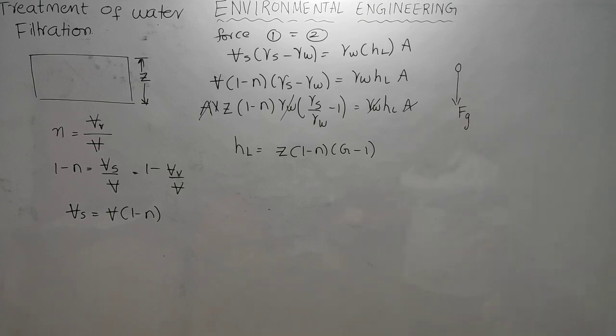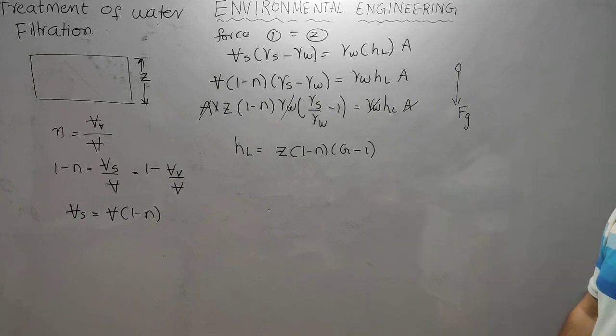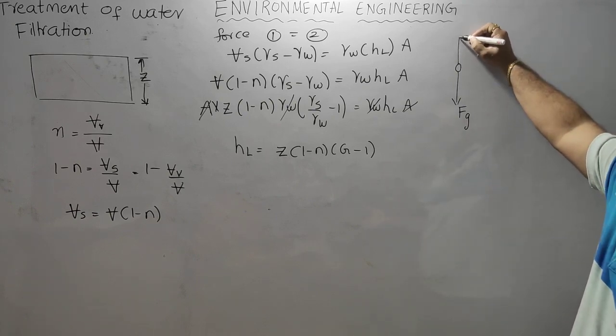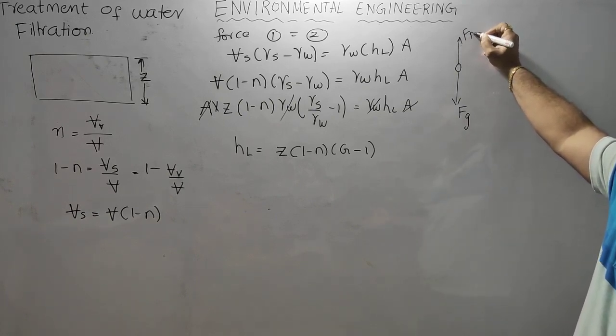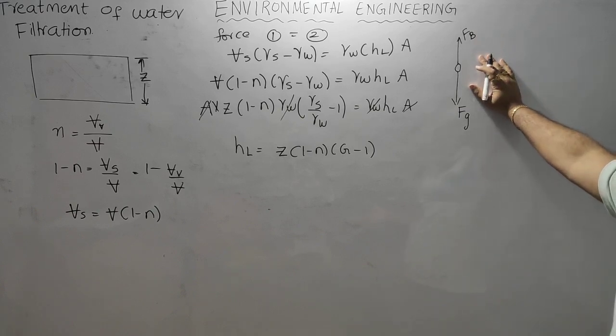When you send water from the bottom for backwashing, that water will exert some pressure, some thrust on a particle, that we call buoyancy. From here we have found the net force on the particle.